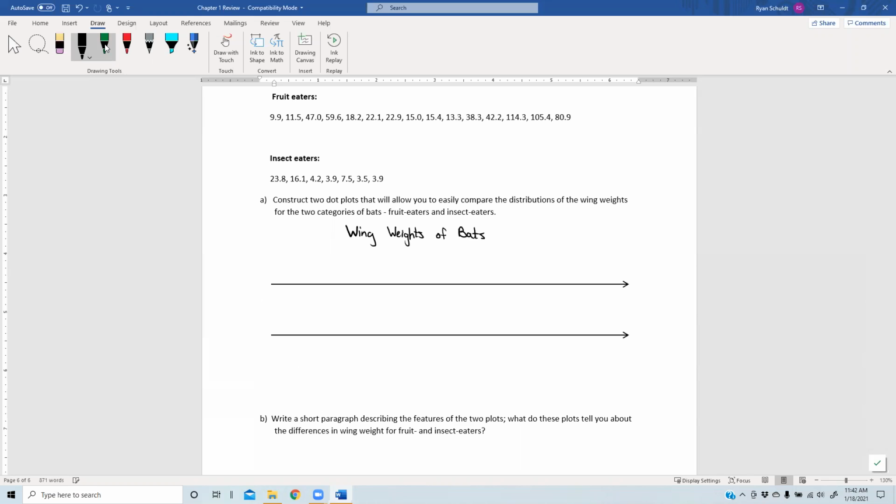And then you break your lines into the two categories. So you have fruit eaters and you have your insect eaters.